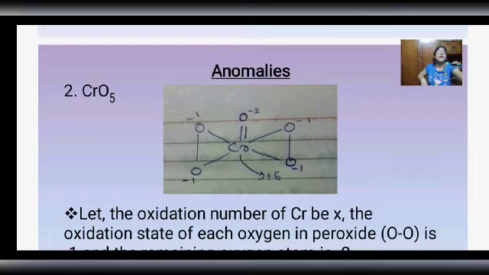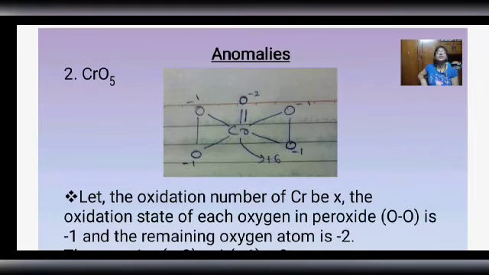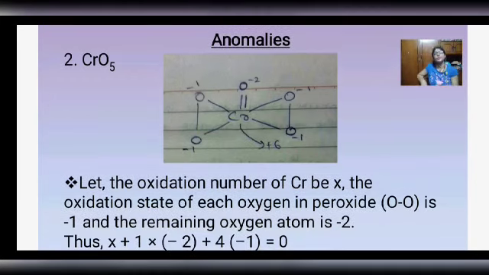Let us talk about the other anomaly, that is CrO5, chromium oxide. How do we calculate the oxidation state? Let us calculate the oxidation state of chromium. Since we don't know the oxidation state of chromium, let us assign it as X. Generally, we assign X for unknown quantities.